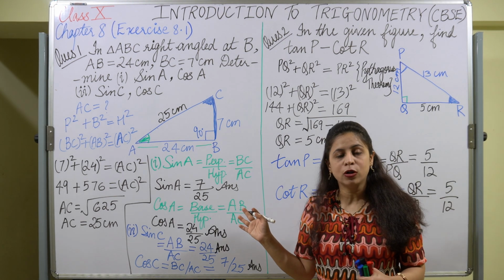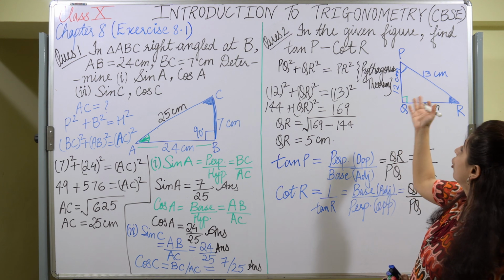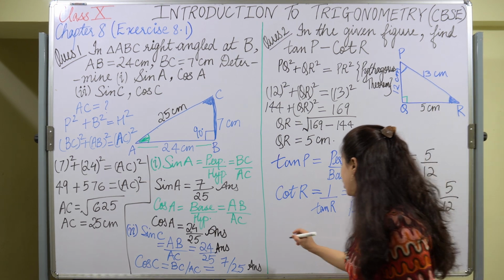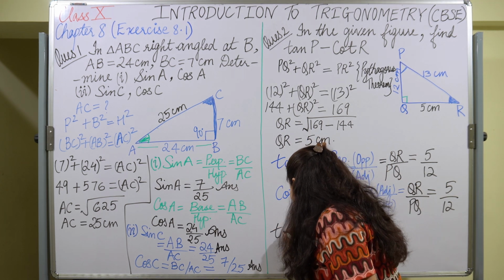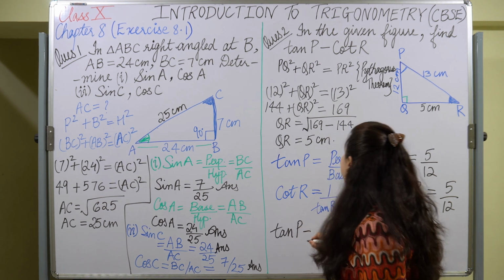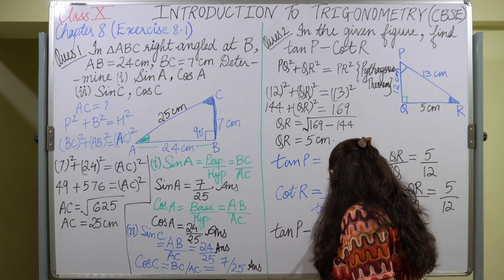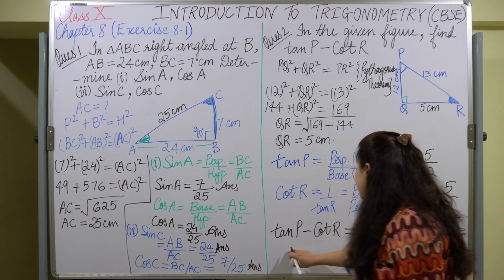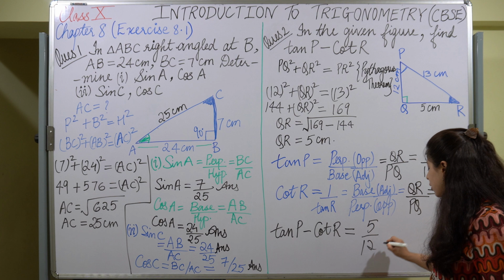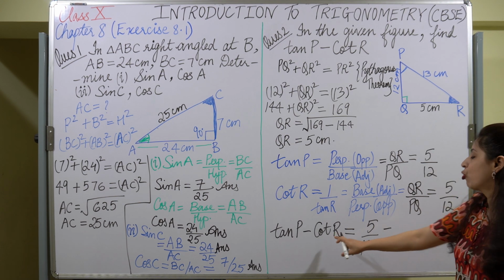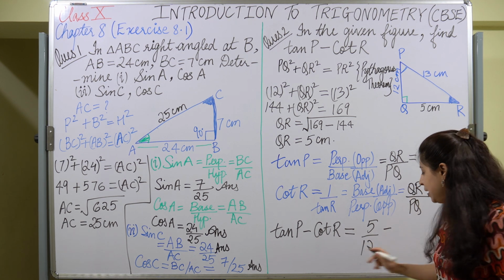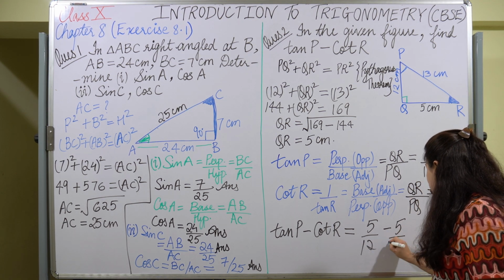Now let us put all the values in the expression asked in the question. We need to find the value of tan P minus cot R. So tan P is 5 upon 12, just putting the values, minus cot R, whose value is the same as that of tan P, so it is also 5 upon 12.